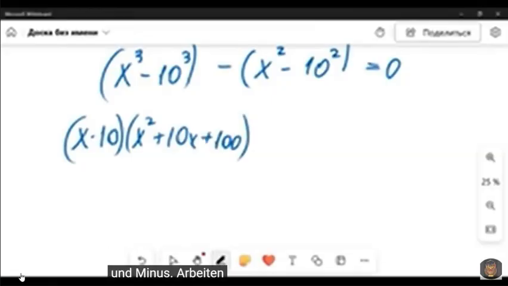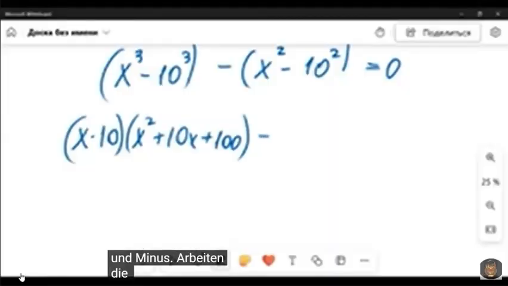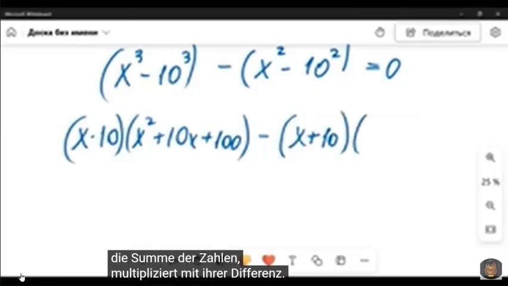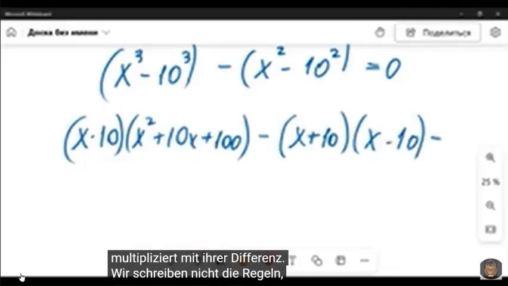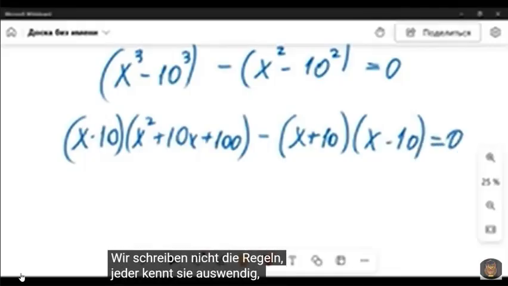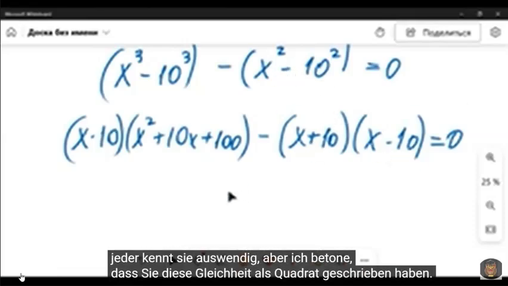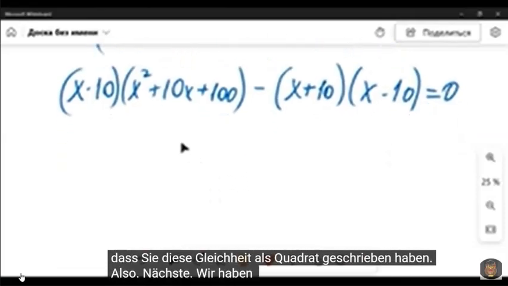And the second bracket, the difference of the squares, will be equal to the sum of the numbers multiplied by their difference. We don't write the rules, everyone knows them by heart, but I emphasize that you wrote out this equality as a square.